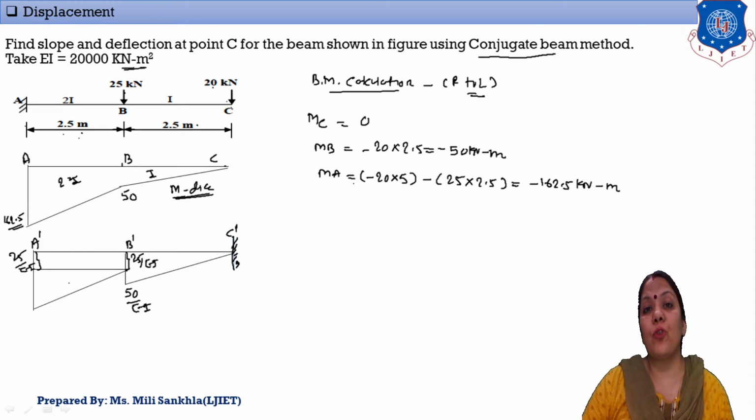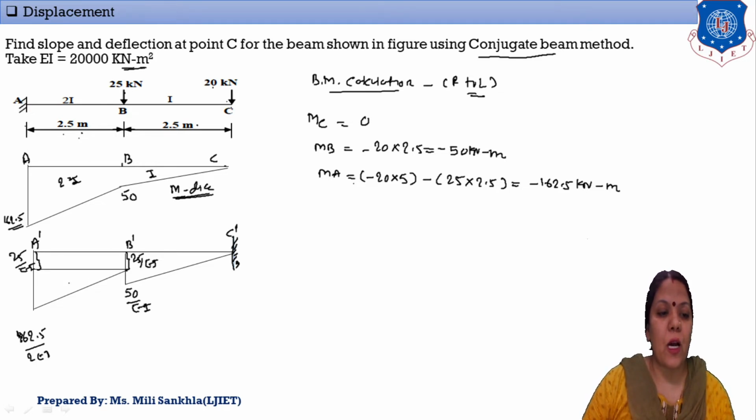Now here is the portion of 2I. So first of all we divide 162.5 by 2EI, and my answer is 81.25 by EI. This 25 is given, so 81.25 minus 25 is equal to 56.25 by EI.